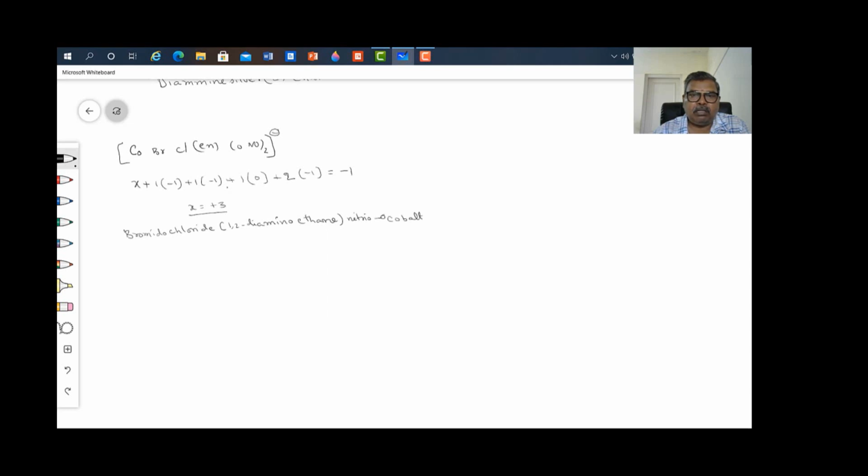Cobalt, Roman number 3, its oxidation state, and it is not a neutral one, it is not a salt, so therefore it is an ion. So the name must end with ate ion.